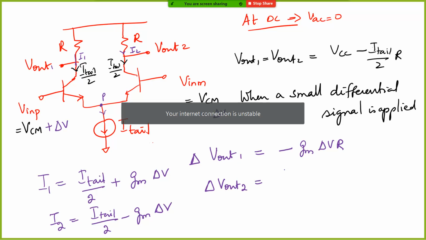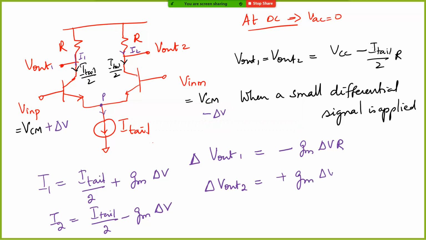Lesser current is pulled, and therefore Vout 2 will become higher. So it becomes plus GM delta V times R. Effectively, delta Vout can be written as 2 times GM delta V R.